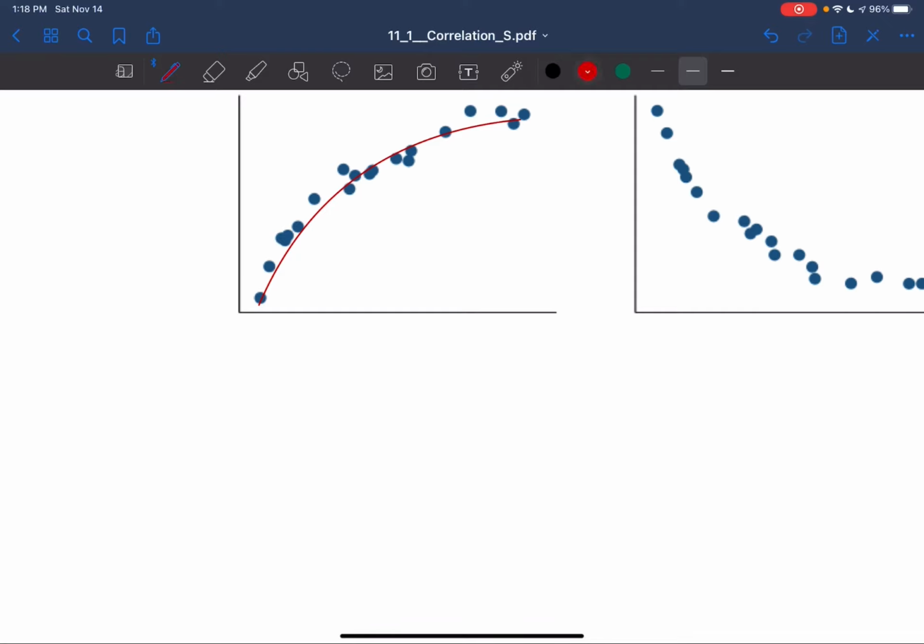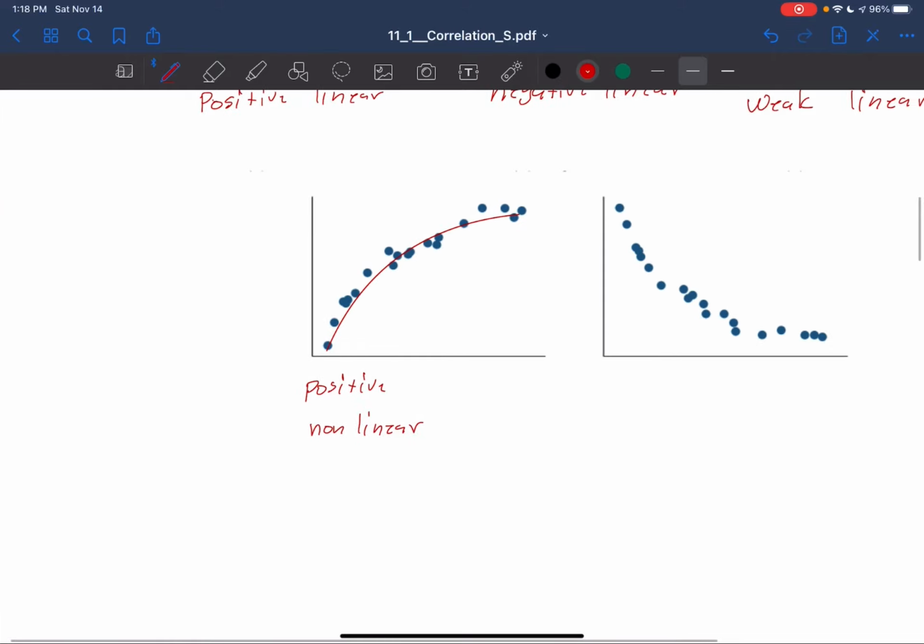So we could say that we have a positive nonlinear relationship. Again, positive because it's increasing, but nonlinear because it's not clustering into a line. It kind of looks like a logistic graph.